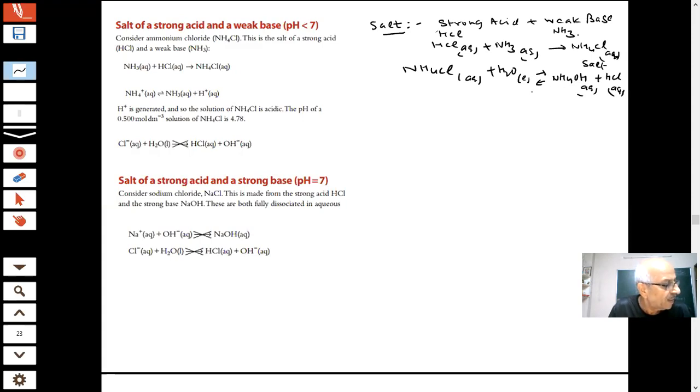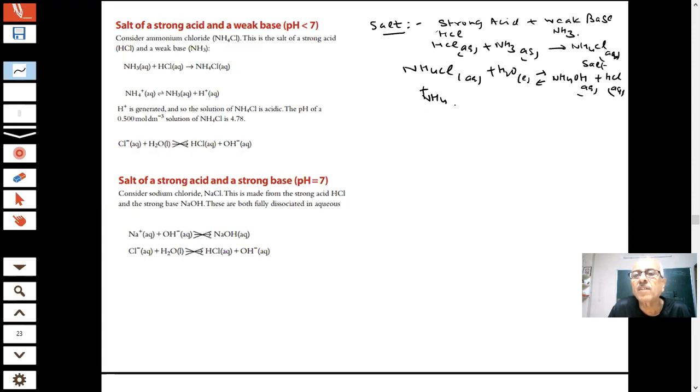Now, what is the result of this? HCl is a strong acid. It is completely ionized to give H plus and Cl minus. And then what is going to be hydrolyzed? The ammonium ion.